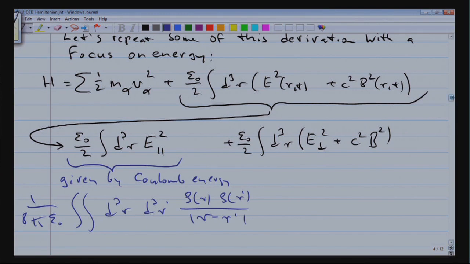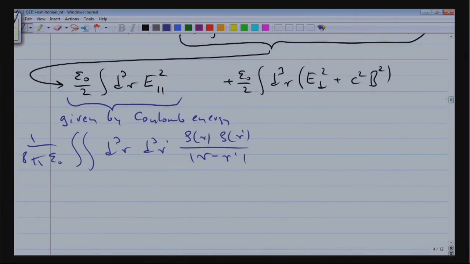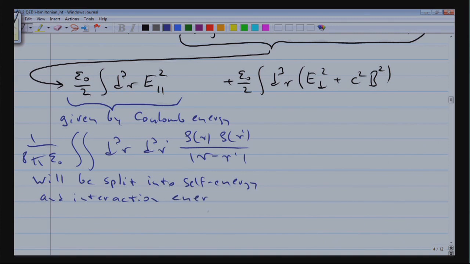And eventually, if you want to treat that further, this Coulomb energy should be split into some divergent self-energy, which is the energy of the electron interacting with itself, and people know how to deal with that, and the interaction energy, for example, between the proton and the electron, which is responsible for the atomic structure.